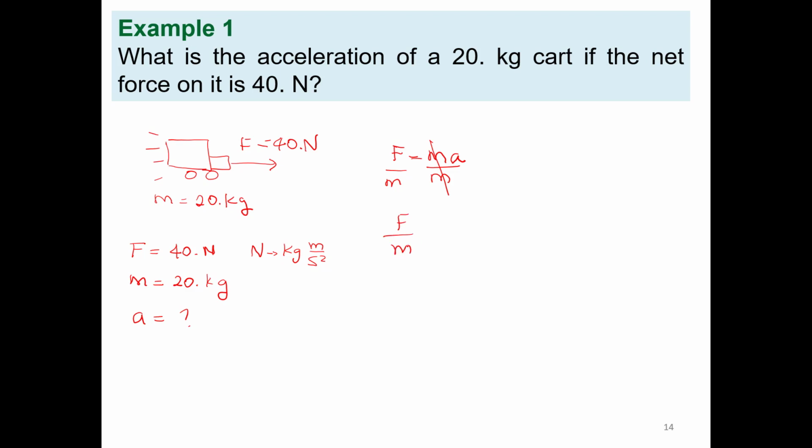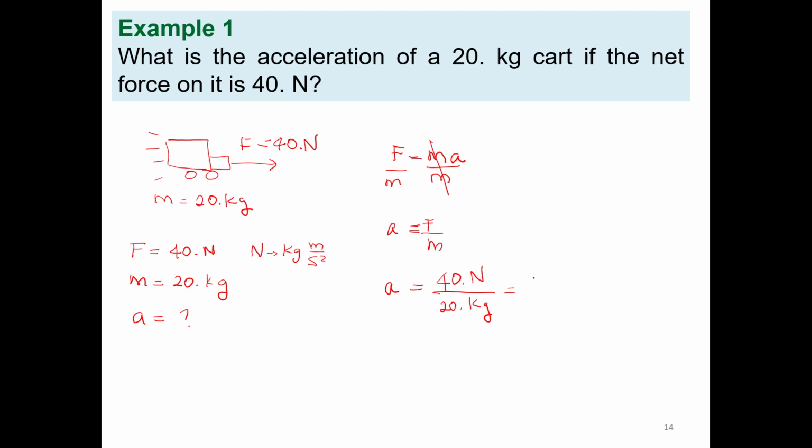Let me write it the other way: acceleration equals force over mass. Force is 40 newtons, mass is 20 kilograms.